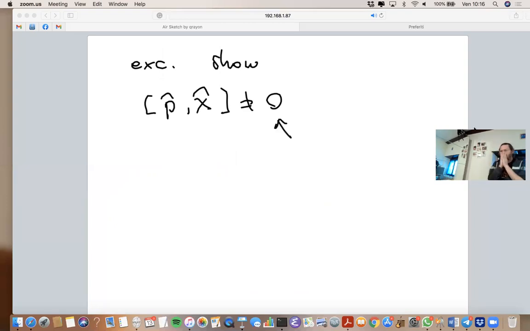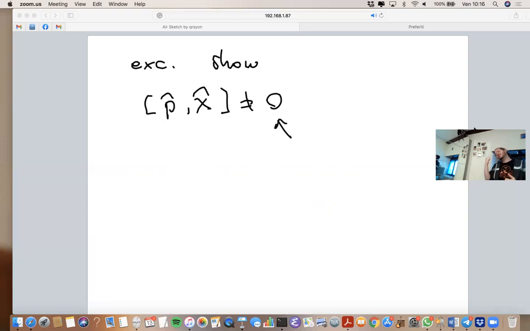Because you see, there's something that relates operators that commute to the uncertainty principle. We know that I can never measure P and X at the same time with infinite accuracy.